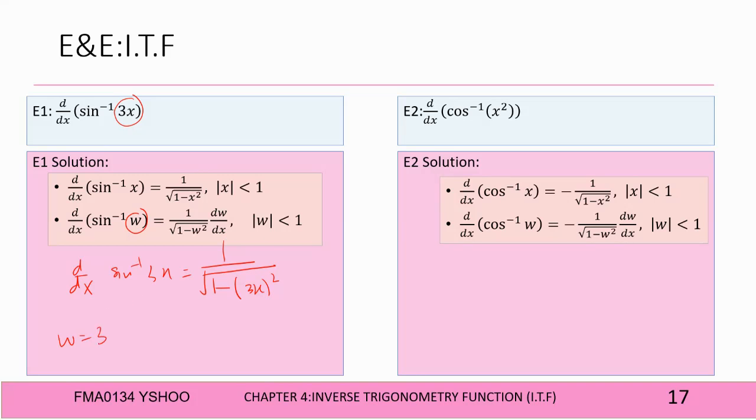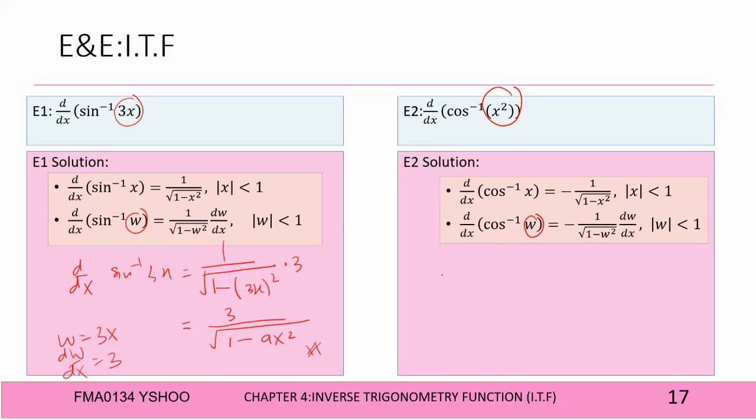Your w is 3x, so dw dx equals 3, so you just put 3 here. If you want to tidy up also can, you can write as 3 over square root of 1 minus 9x squared, so settled.